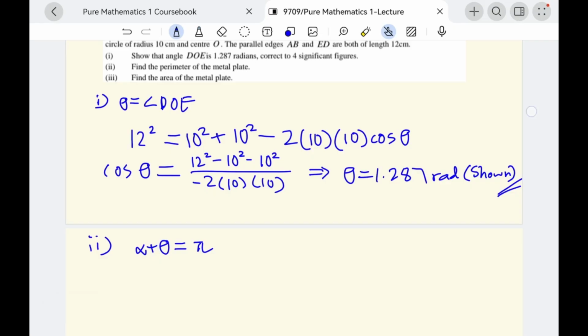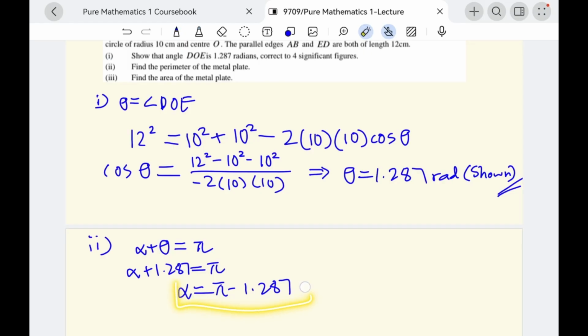If you want, you may leave theta as the exact value, which is roughly 1.28700 to 5 SF, but it's almost the same as the answer stated here, so we just state theta as 1.287. If you want to maintain accuracy, you may. So alpha is pi minus 1.287. Let's assume the angle alpha is an exact value.